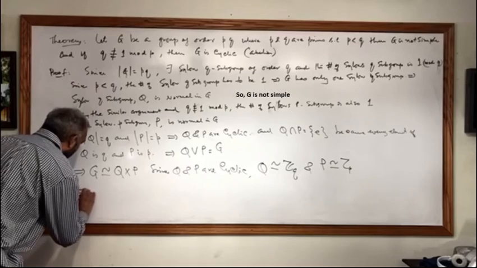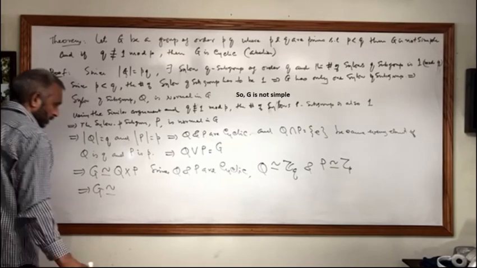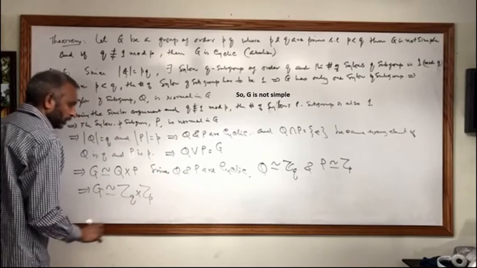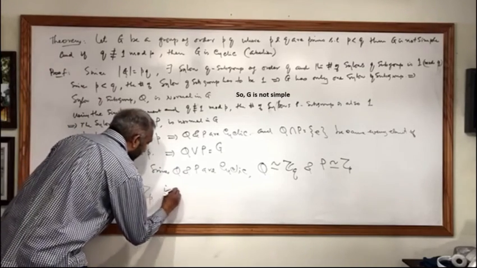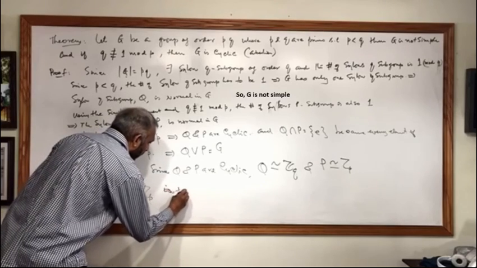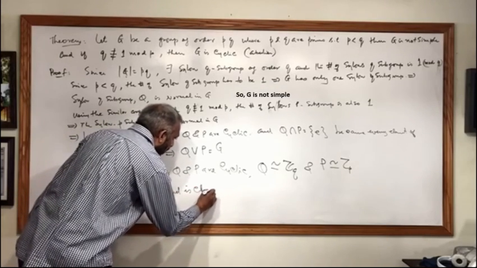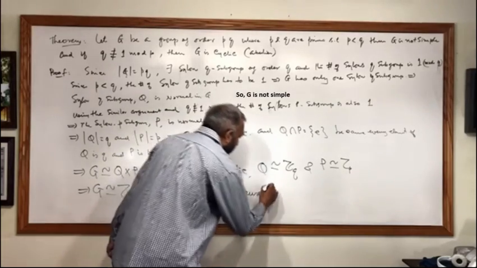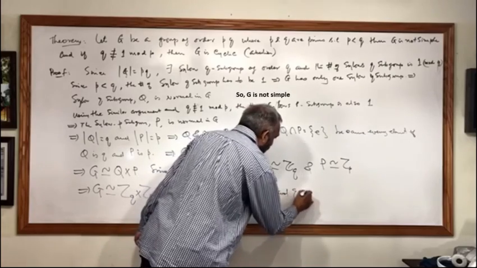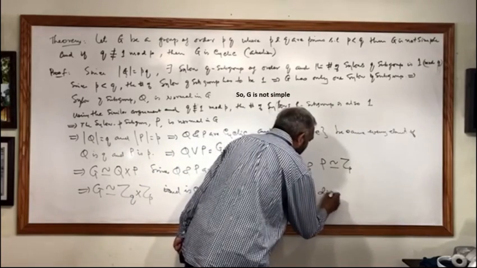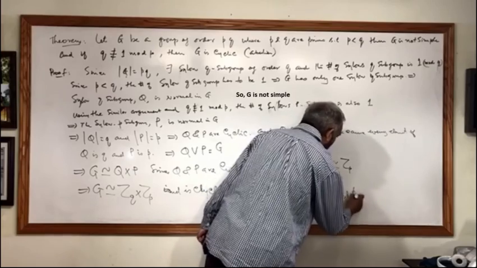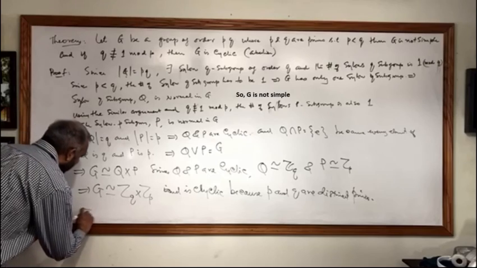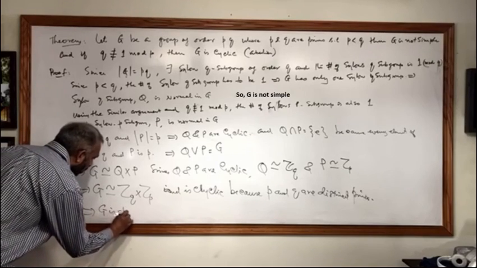And that implies G is isomorphic to ZQ times ZP, and that is cyclic because P and Q are distinct primes, and that implies G is also abelian.